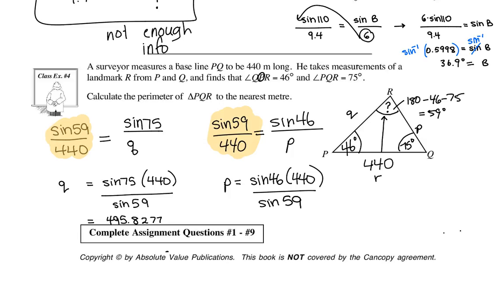Bottom right goes top left. I could put a little 1 there underneath if it helps. Then sine 59 is in the way, so he goes down, and 440 is in the way, so he goes up.